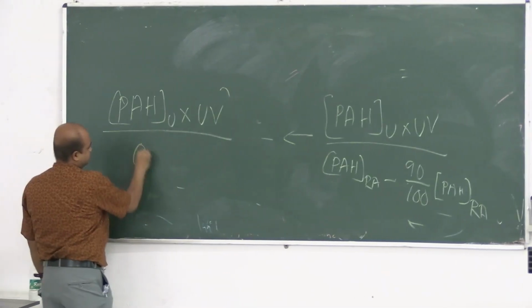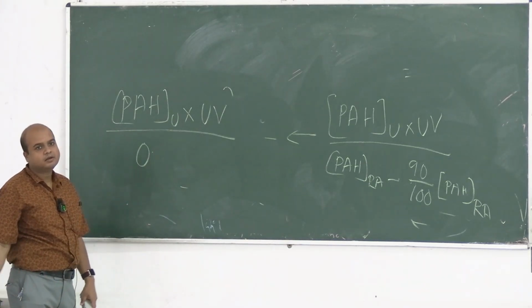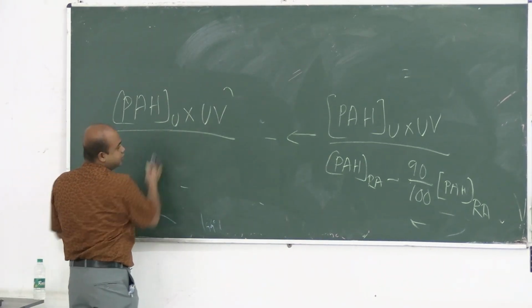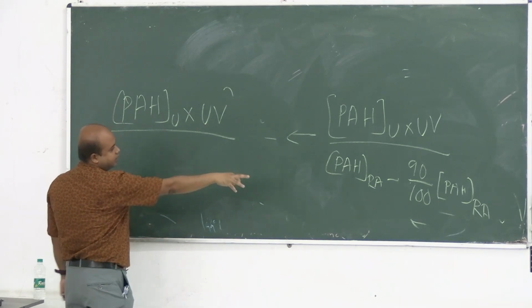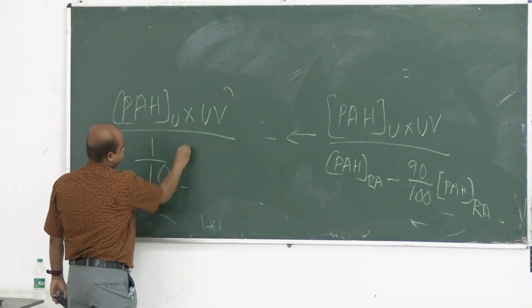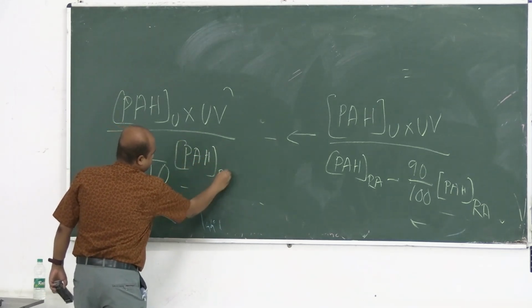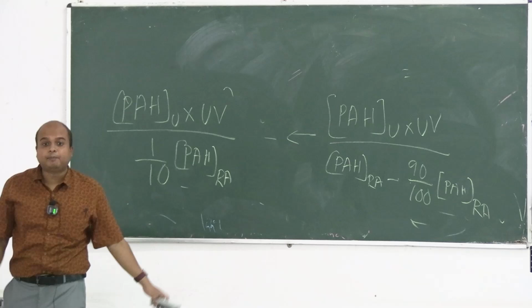It is better to keep it in decimals mostly. Okay, to keep it in decimals. So it will be 110 by 100. That means 1/10. So this is the true renal plasma flow.